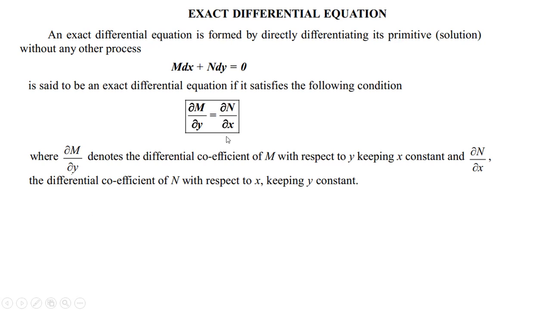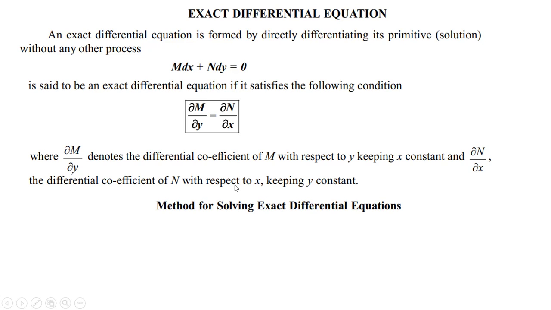So when you're differentiating M with respect to y, you have to consider x to be constant, and when you're differentiating N with respect to x, you have to consider y as a constant.